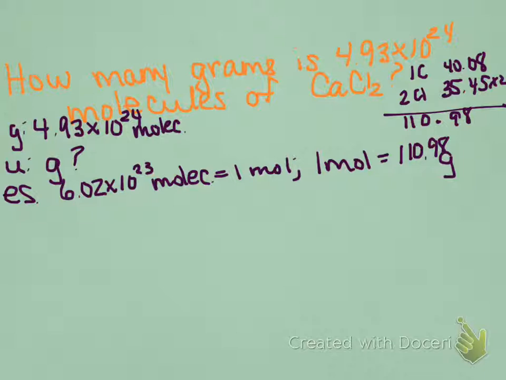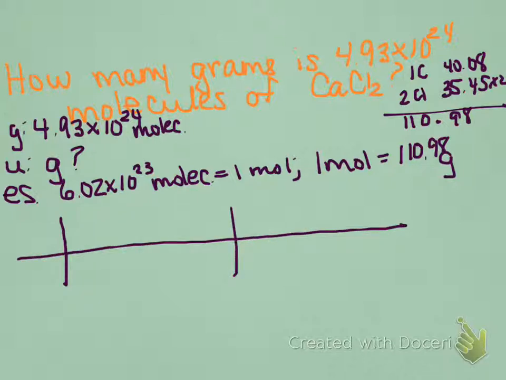So now I have my 2 equality statements. I'm going to set up a truth table. And now, remember, since I have 2 equality statements, I have to have 2 parts in my truth table. I'm going to put 4.93 times 10 to the 24th molecules here to begin with. Okay, now remember, our units dictate here. So let's figure out what we do with our units before we plug in any numbers. So molecules is going to come down here.